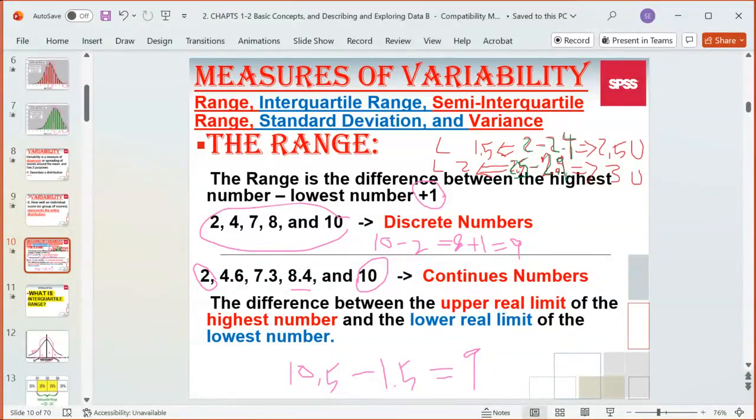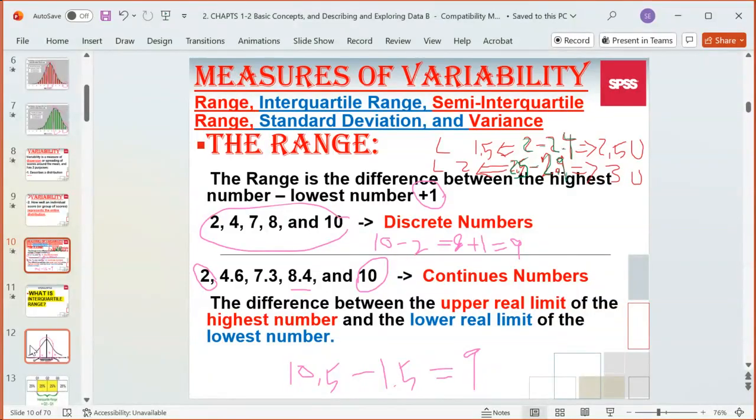But if you use the top one, you have to add 1 to it. The top one is the highest number minus the lowest number plus 1. But the bottom one, if you have a fraction and want to use the upper real limit and the lower real limit, you add 0.5 to 10, and the lowest number is going to have its lower real limit, which is 1.5.